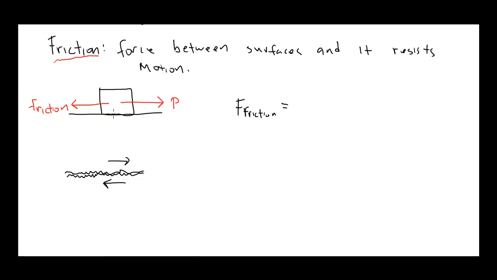If, however, these are rough surfaces, maybe sandpaper on wood, there's going to be a lot more friction. So the first thing that matters is the roughness of the surface, and the way we account for that is by a value called mu. This mu is called the coefficient of friction. It's the Greek letter mu, and it stands for the coefficient of friction.